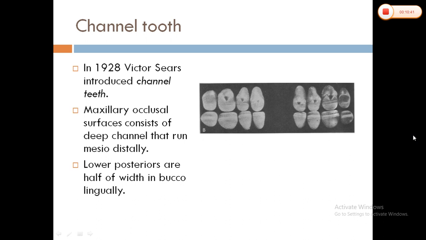Channel teeth. In 1928, Victor Sears introduced channel teeth. Maxillary occlusal surfaces consist of a deep channel that runs mesiodistally. Lower posteriors are half the width buccolingually.